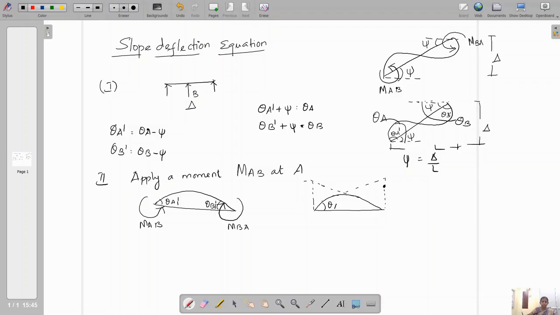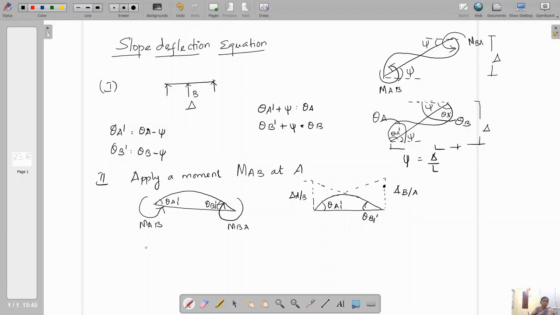This is theta A1 dash equal to delta of B towards A. This is delta of A towards B. That is deflection at A towards B, deflection at B towards A. We can mention like this. Theta B1 dash is the rotation here.